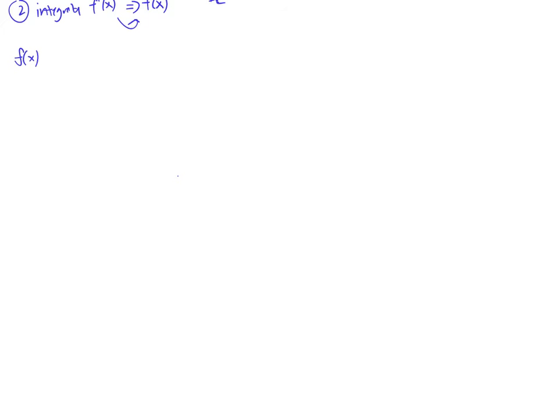So our f x is simply the integration of cosine 4x minus sine 2x dx. And that will give me 1/4 sine 4x plus half cosine 2x plus c, where c is a constant.